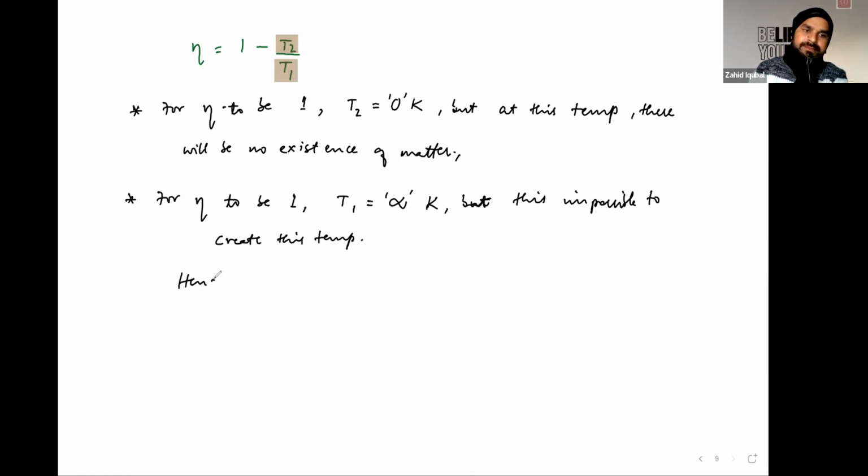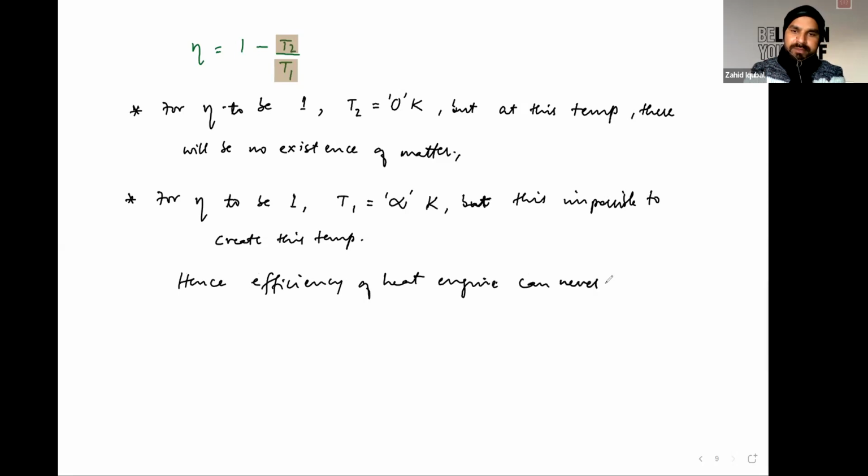Hence, we can say the efficiency of a heat engine can never be 1 or 100%.